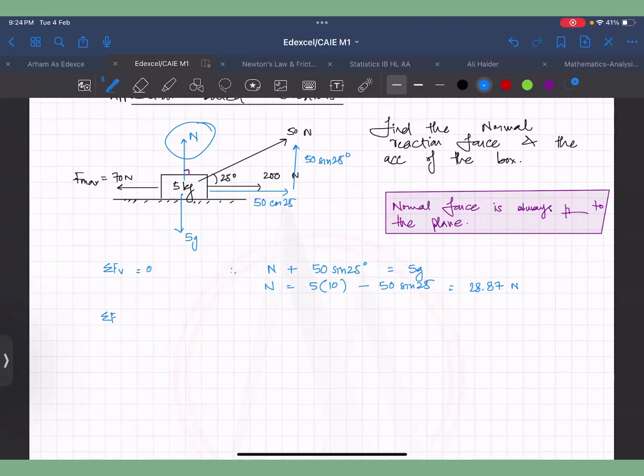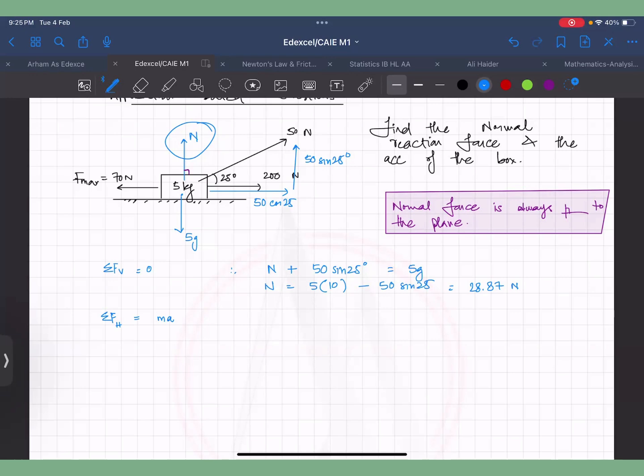And the sum of the forces horizontally, we don't know if it is 0 or not. If it is 0, this object will be at equilibrium. Otherwise, we know that this is the resultant force and this would be equal to F equals ma, right? The mass multiplied by acceleration. So the sum of forces, how many forces do you have horizontally?